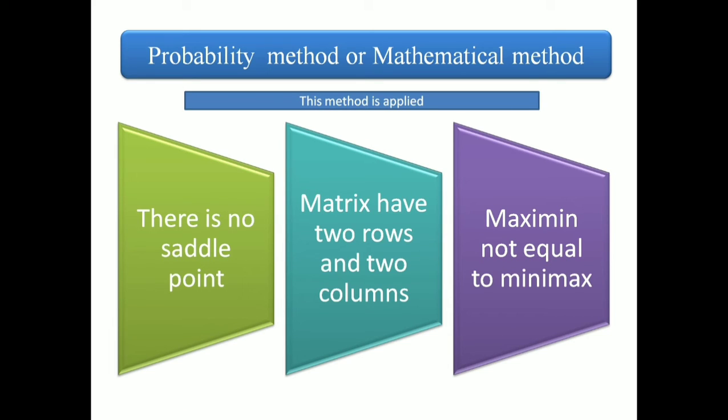That means you can apply the principle of dominance, reduce the matrix to 2 into 2, and then apply the mathematical method to solve the problem. And the third one is maximin is not equal to minimax. So these are the three important situations in which you can apply the mathematical or probability method.